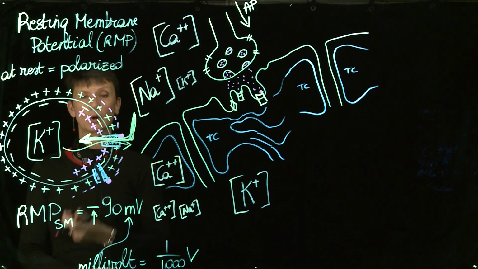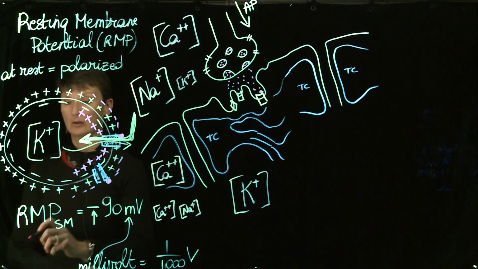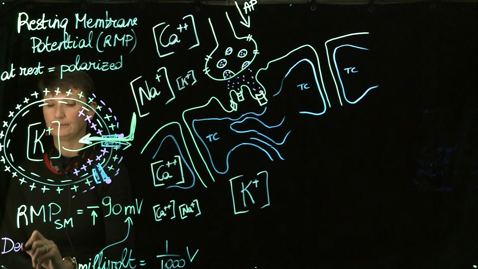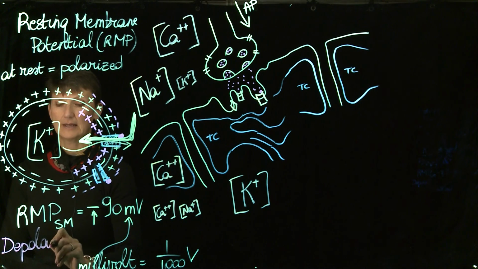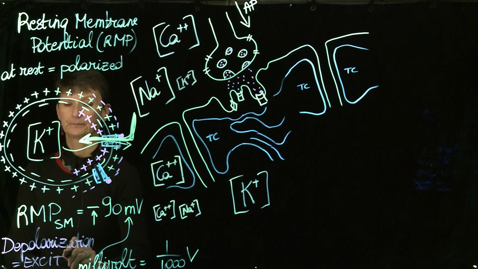This process where we see the reversal of the polarity we call depolarization. And as I said earlier, it is a synonym for excitation or stimulation, all of those things.